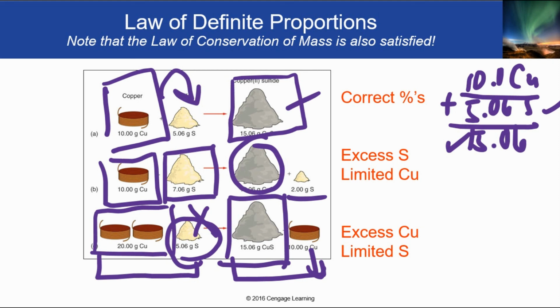Check natin kung 17.06 yung nakuha natin. Ayan, 15.06 plus 2.00 grams ng sulfur, nakuha natin ay equivalent siya dito. Pareho silang 17.06.